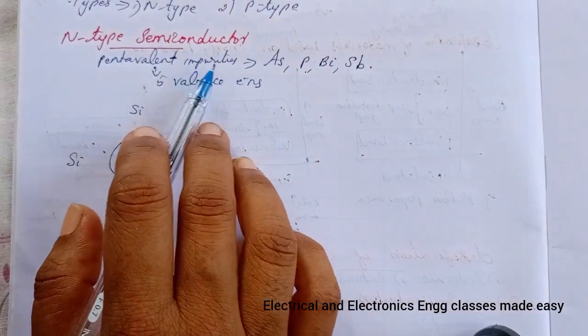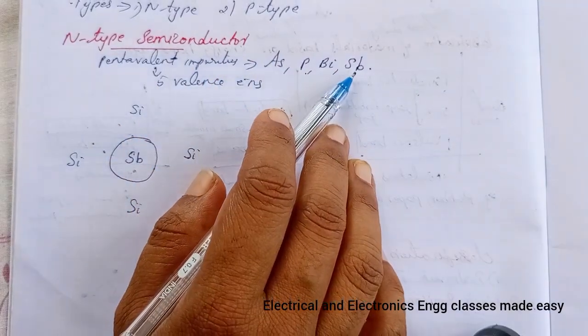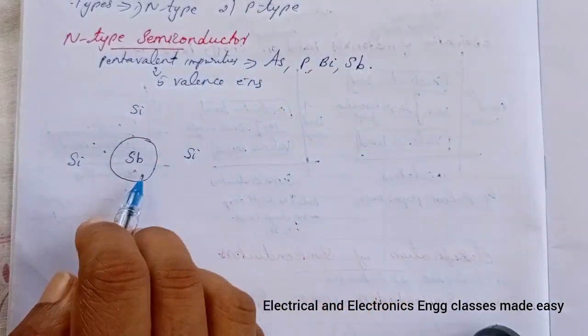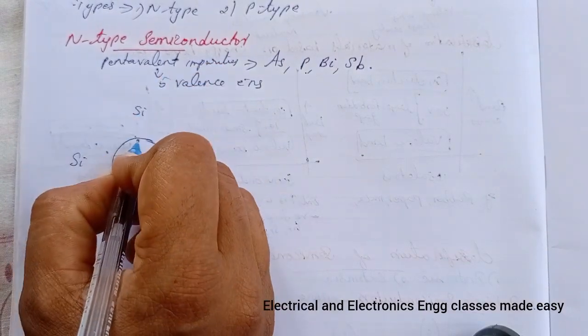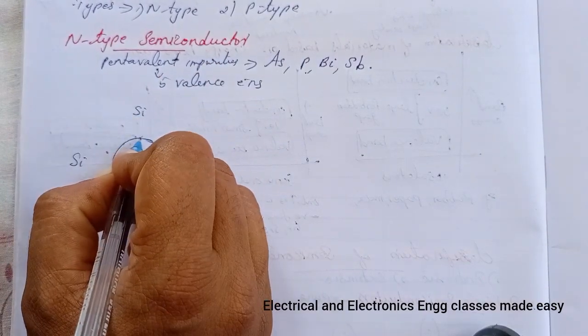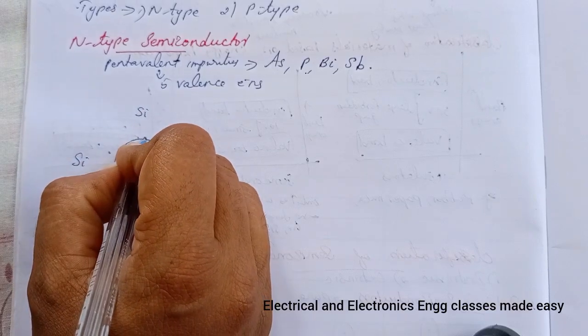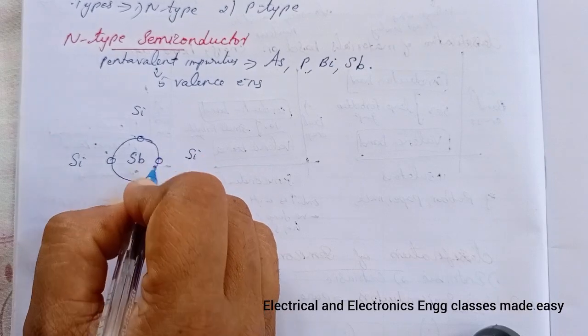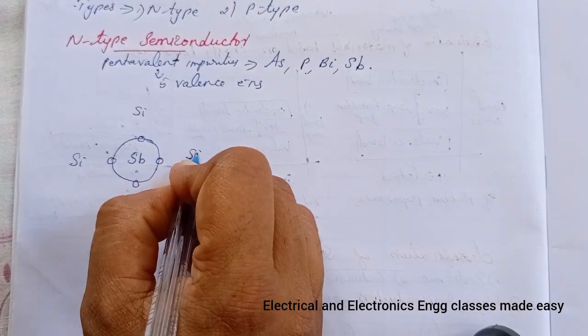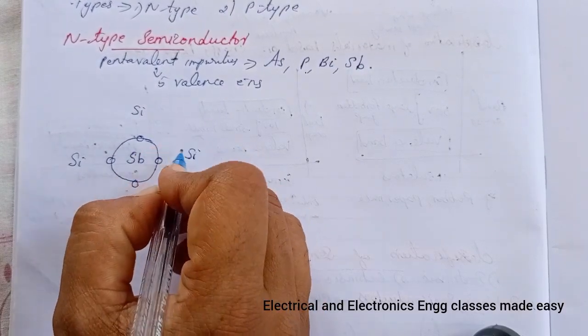Let us take the pentavalent impurity antimony, Sb. Its outermost shell has 5 valence electrons, and silicon has 4 valence electrons.